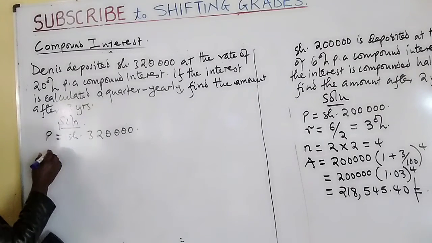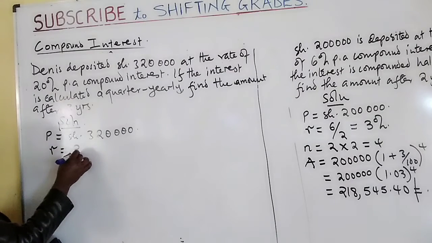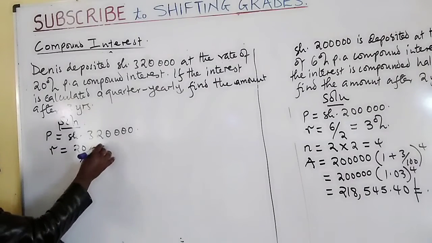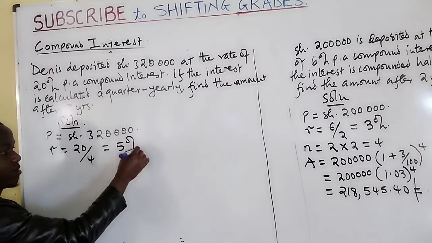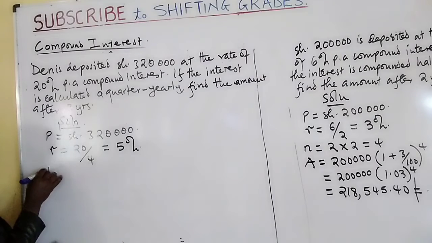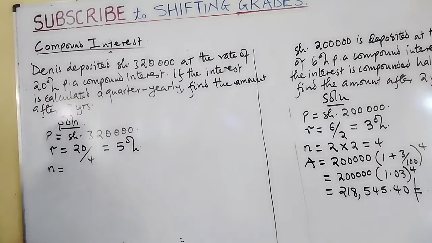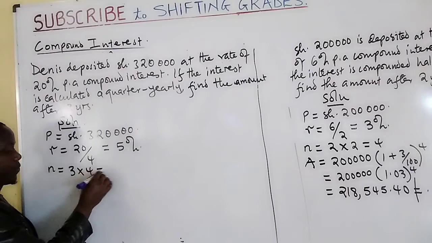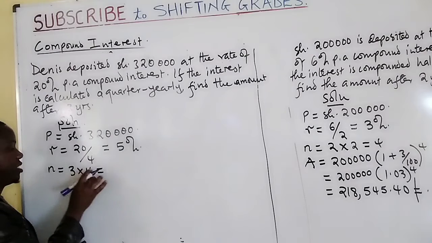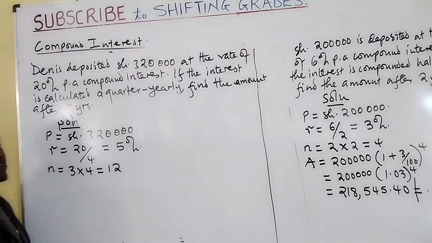Therefore, if per year it's 20%, then in a quarter year we divide this by 4 and the rate will be 5% now. Then N, the number of interest periods after 3 years: each interest is calculated after a quarter of a year. So in a year we have 4 quarters, meaning the total number of interest periods will be 12 for the 3 years, each year having 4 quarters.